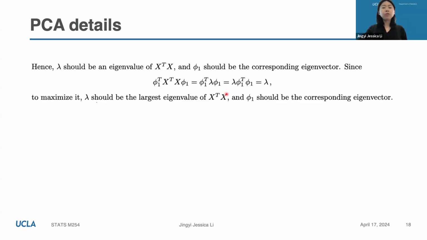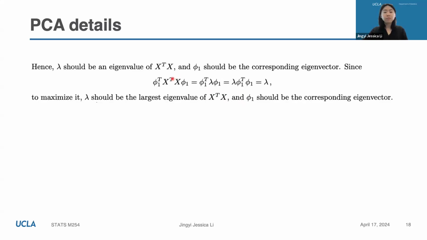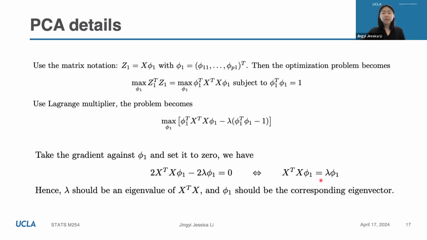And because we want to maximize, don't forget, we want to maximize this, which is interpreted as maximizing the variance. For this purpose, we want this term to be as large as possible. If we go back here, we have this term equals lambda times phi1. Now we left multiply by phi1 transpose, because that's the term we want to maximize.